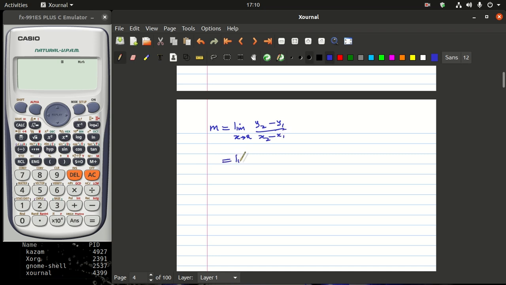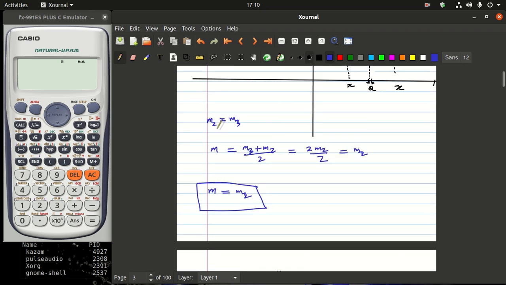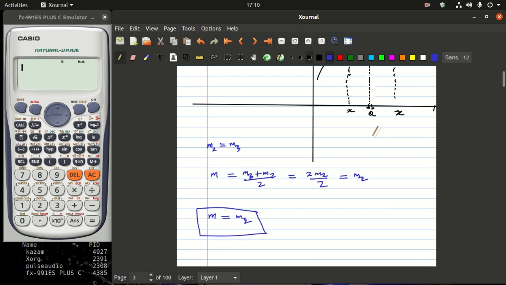If you look carefully, I still have x approaches A, and remember that when I'm dealing with m1 or m2, one point is going to be this point A here, and the output is going to be f of A. And then the other point here will be just x, either on the left or on the right, and then I go and get the output.